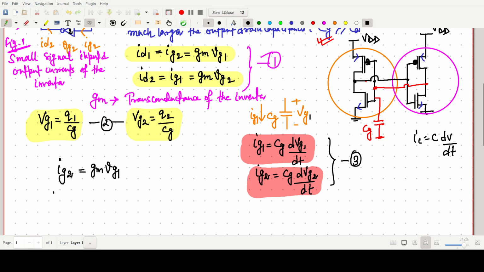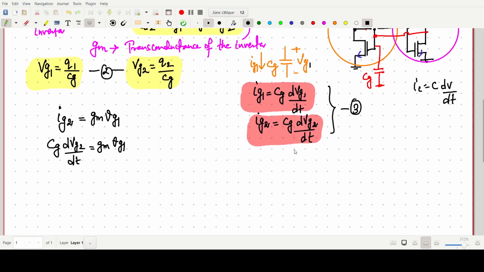So Ig2 can be written as gate capacitance Cg dVg2 by dt equals Gm Vg1. Clear?